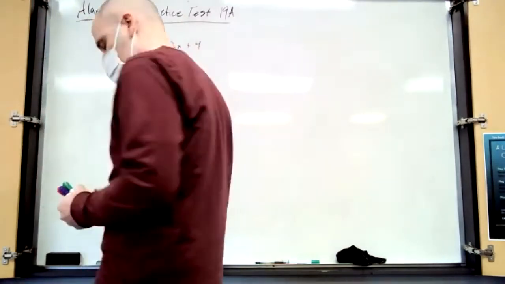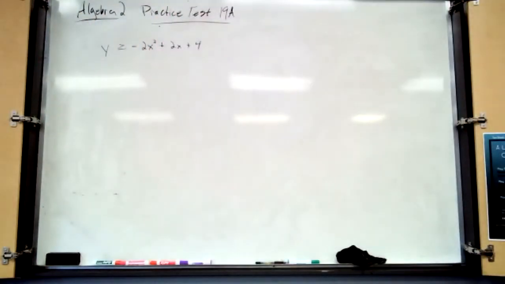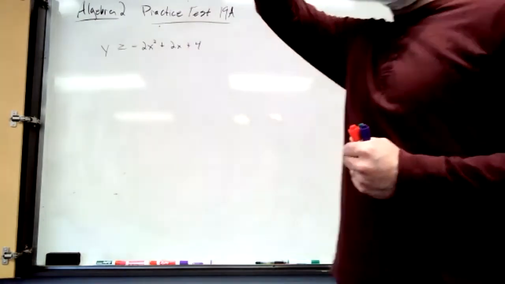Now here, you don't have to be exact, but I do want the exact vertex. And I want to know which way it's going. Is this going to open up or open down? Well, you know that right away because the x squared is negative. So it's going to open down.